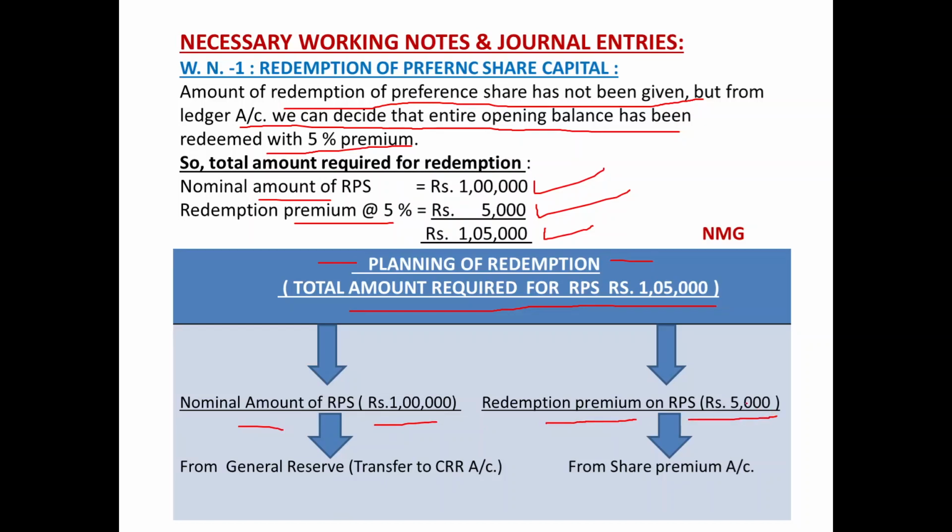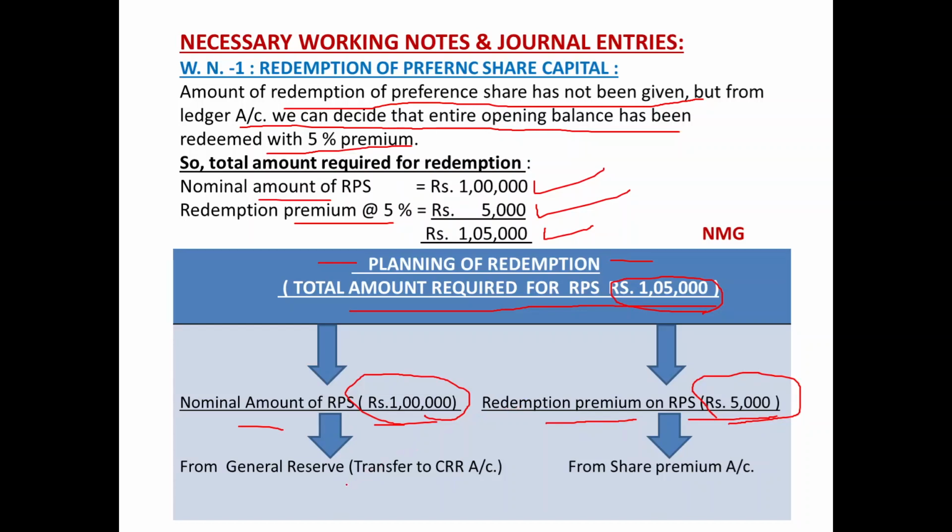So we bifurcate the total amount required 1,05,000. Why we bifurcated it? Because the provisions of the Companies Act are different for both these components. One is nominal amount 1 lakh, another is redemption premium rupees 5,000. तो दोनों के लिए provisions separate है, and that is why we gave the bifurcation.